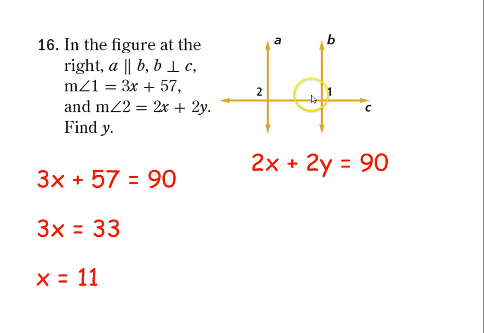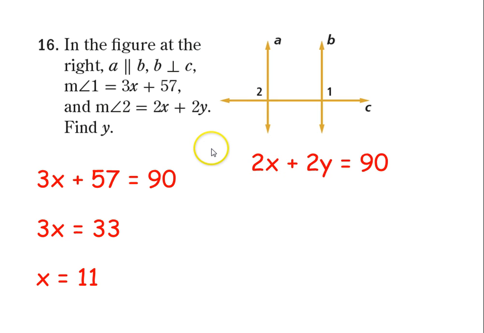Therefore, this angle right here is also 90 degrees, and therefore this angle here is 90 degrees because A and B are parallel lines. So angle 2 is 90 degrees. That's probably the biggest jump to make here. The hardest conclusion to come to is that angle 2 is indeed 90 degrees because A and B are parallel. So that's where this equation comes from: 2x plus 2y is 90 degrees.